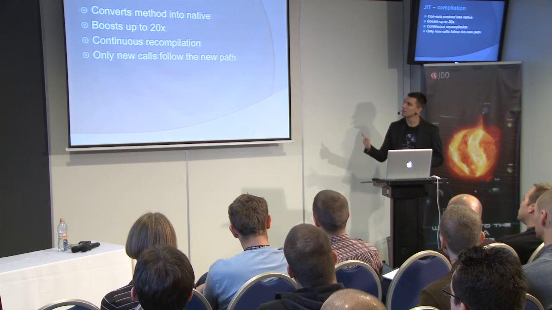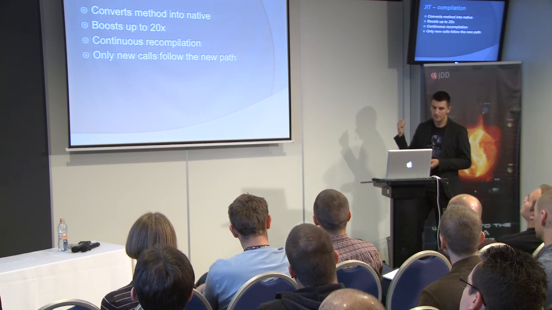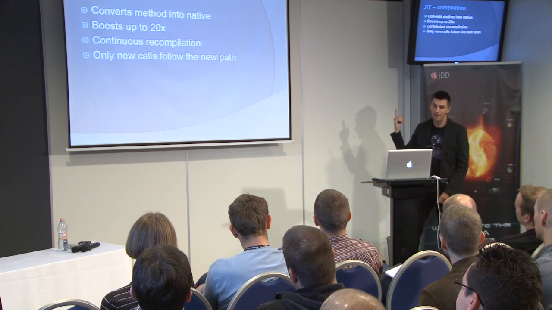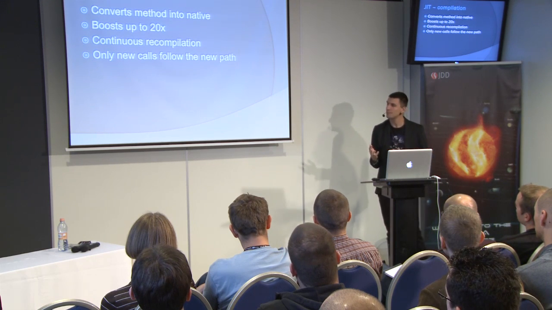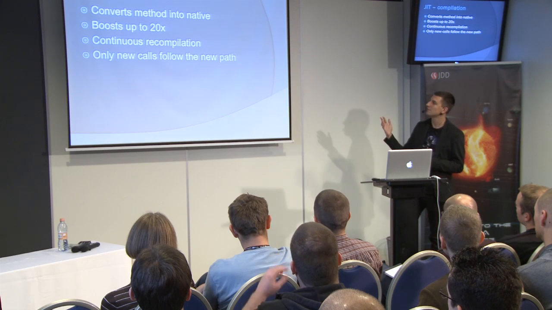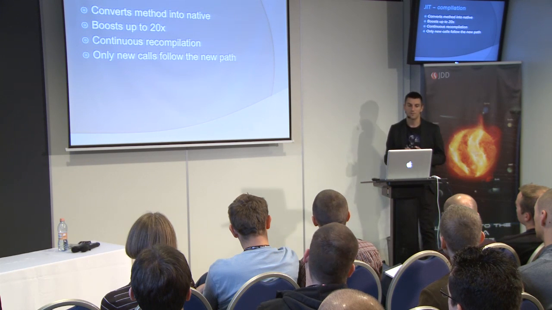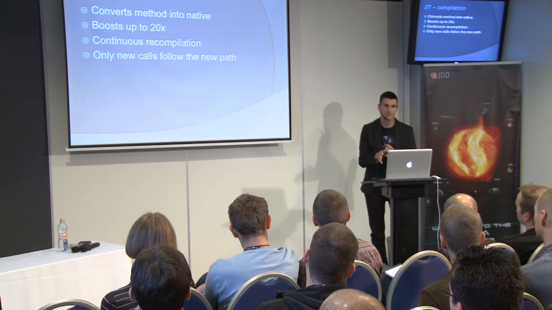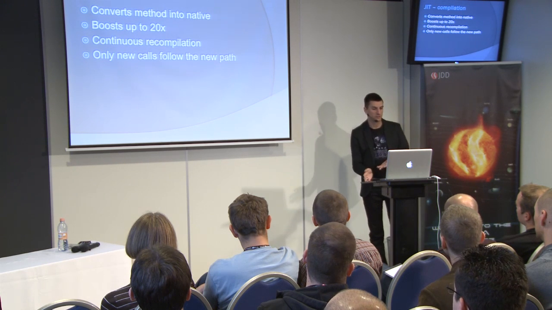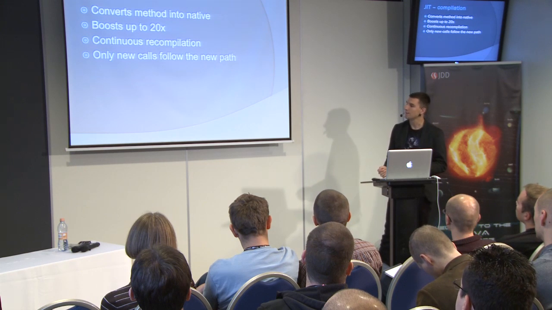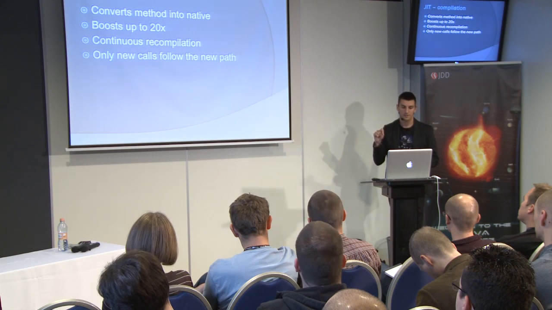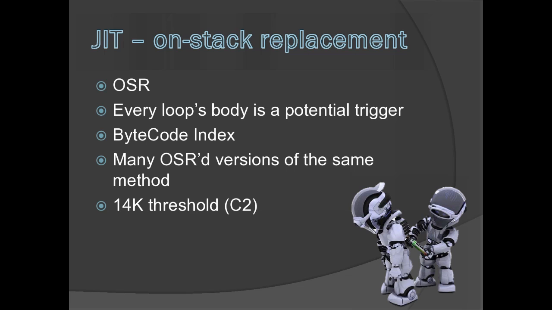So it's continuous recompilation. There is also another point in this slide, and it seems pretty obvious: only new calls follow the new path. So I cannot switch in the middle of execution from the interpreter to native code. This is surely a limitation, but JIT can do something about it.